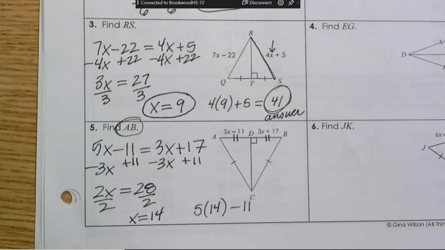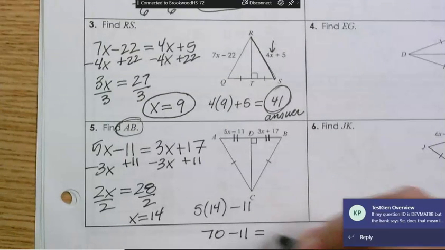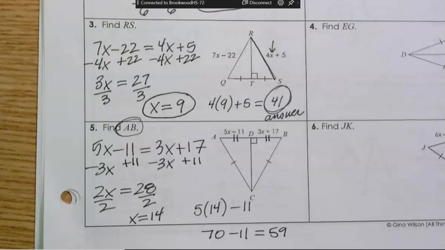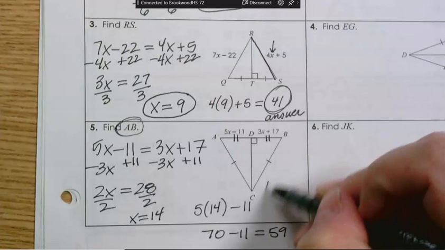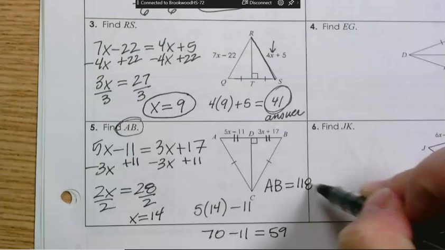Is that right? Okay, sound good? 70 minus 11 is 59. And if this is 59 and this is 59, then together AB is 59 plus 59, which is 118. And that's how I would get my final answer.